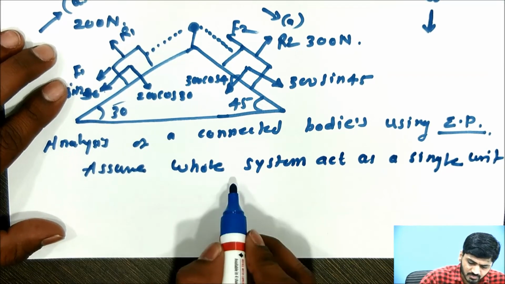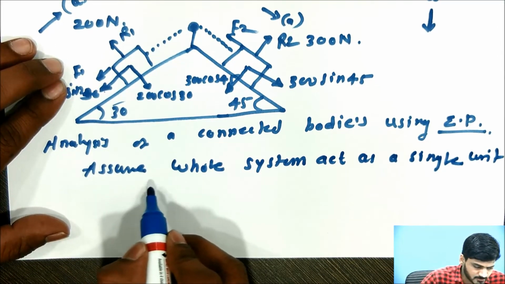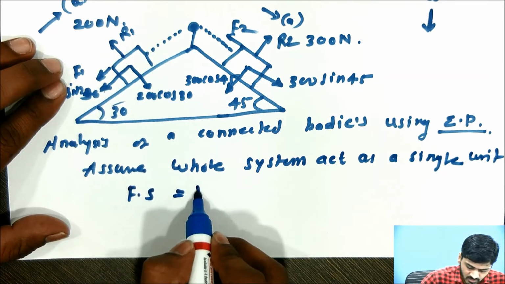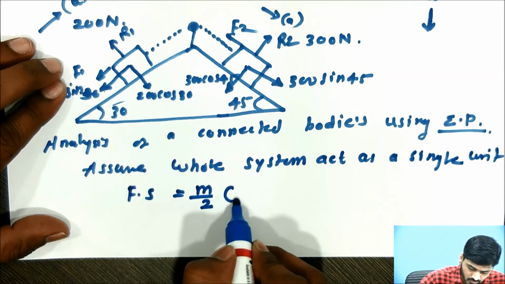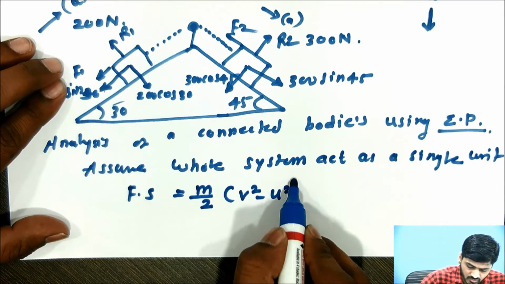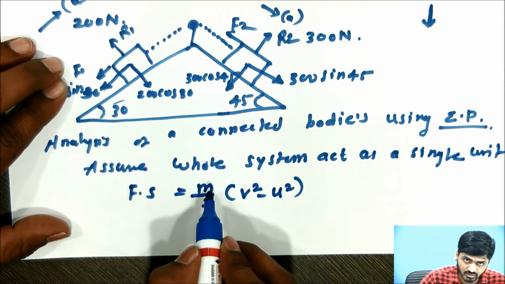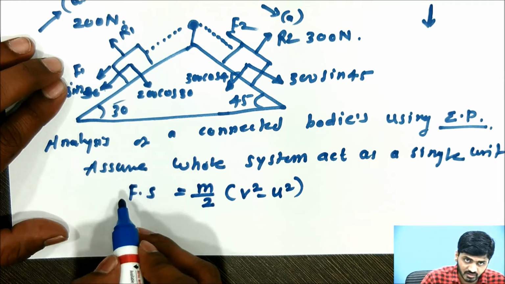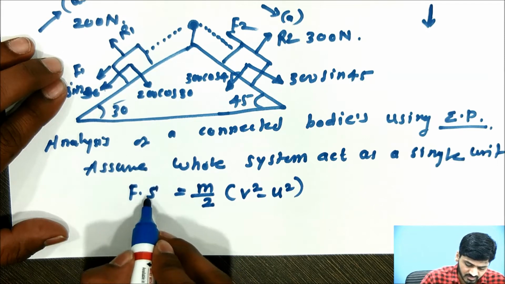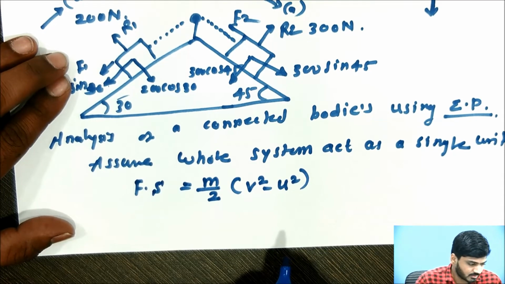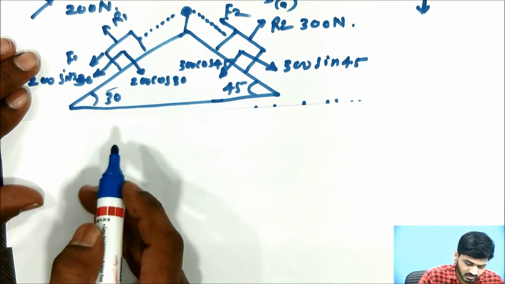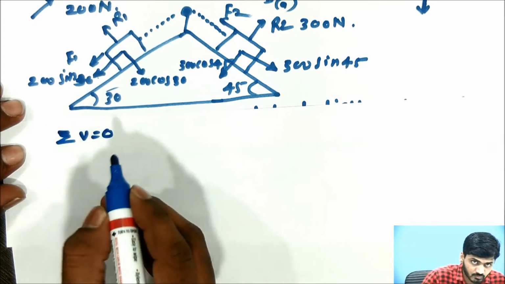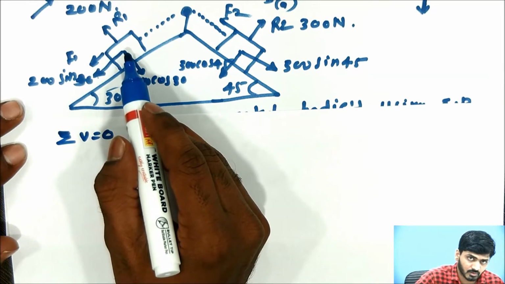So the principle regarding energy: F into S is equal to m by 2 into (v square minus u square), where u is the initial velocity, v the final velocity, W the weight, and S the displacement. We are considering forces in the horizontal direction. Let's observe here. First we calculate summation V equal to 0 for the first block.